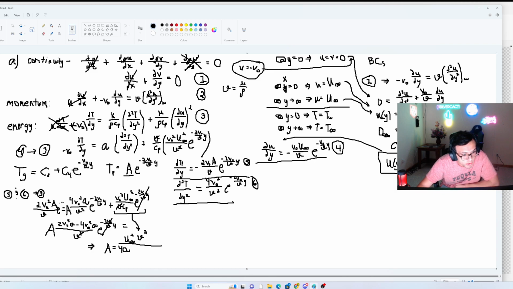Oh, the V sub O's also cancel, by the way, because it's also in this, and you can factor out the V sub O and cancel it. This is minus 4 alpha plus 2.